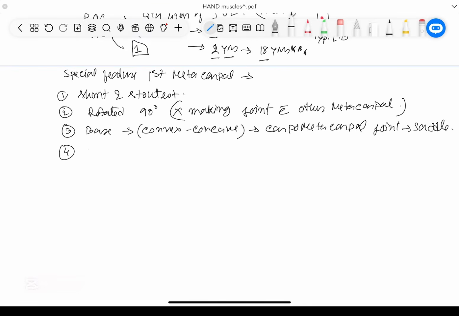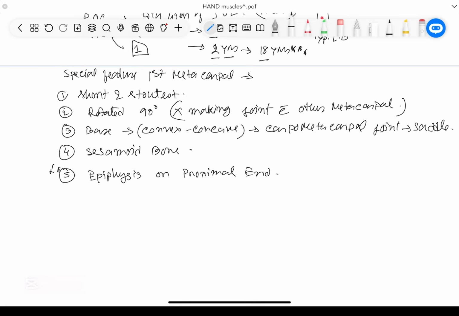Then, as I said, in the distal end there is a formation of sesamoid bones. Now come to the epiphysis. It has the epiphysis on the proximal end.